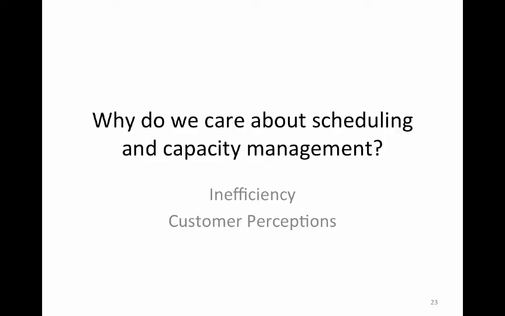And secondly, what about the customer? Do they want to wait? Well, no, of course they don't want to wait. So how can we reduce their wait so that they remain our customer? Again, very important concepts that any operations manager would want to pay attention to.